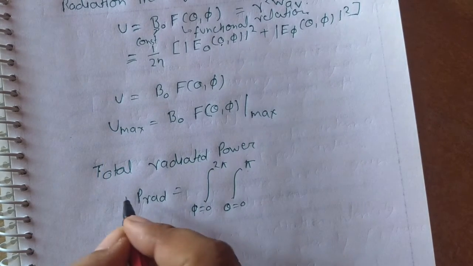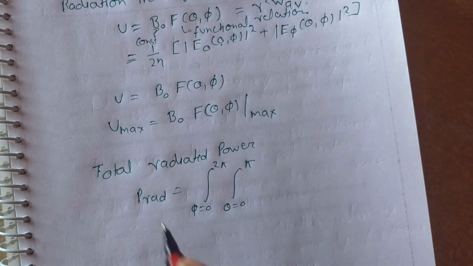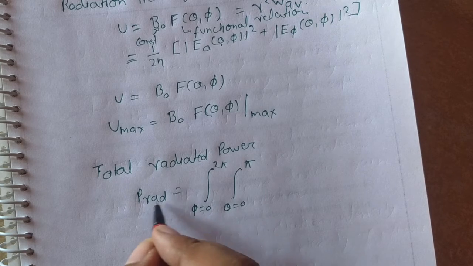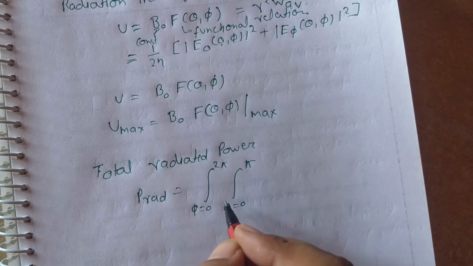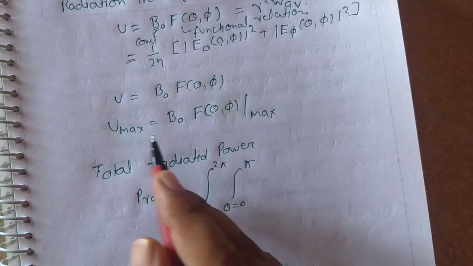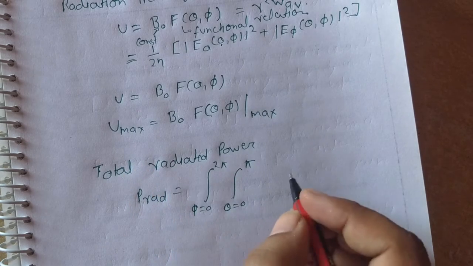In the previous video we have defined this formula where P radiation is a surface solid angle integral of U d omega, where d omega equals sin theta d theta d phi.